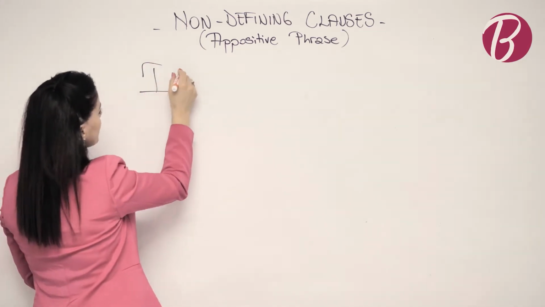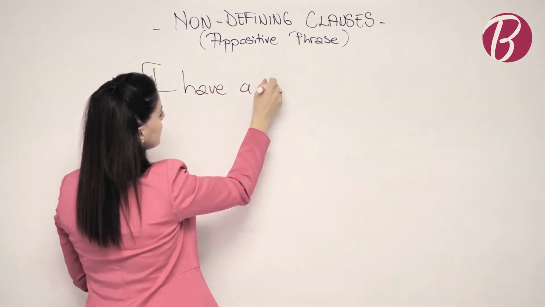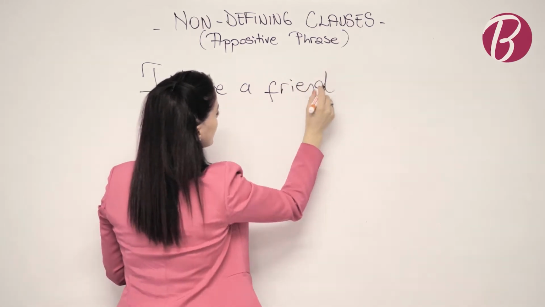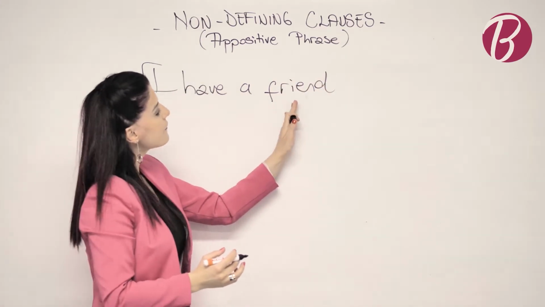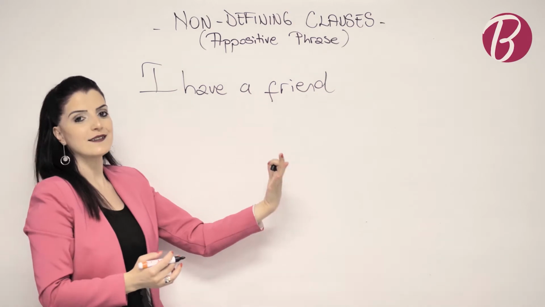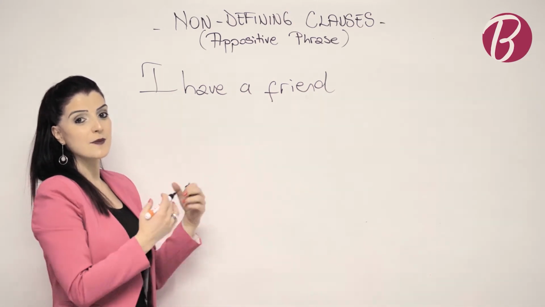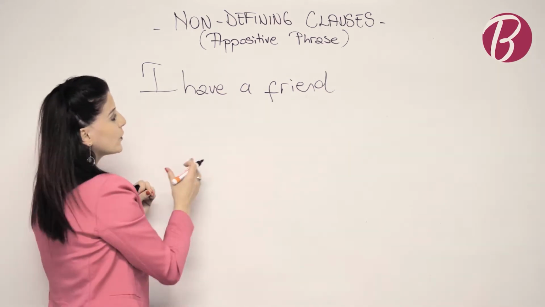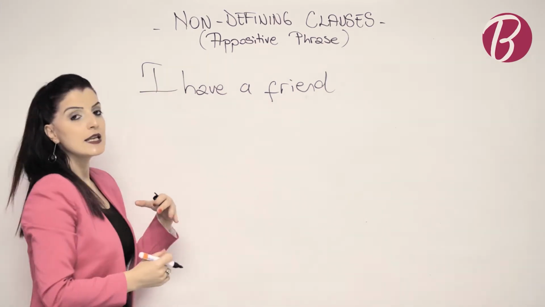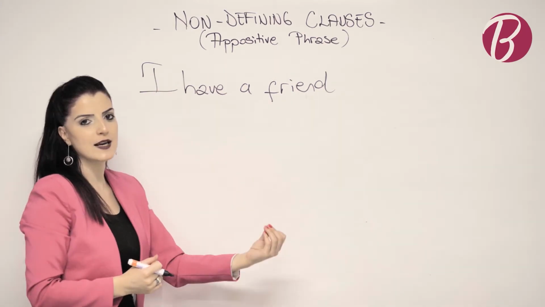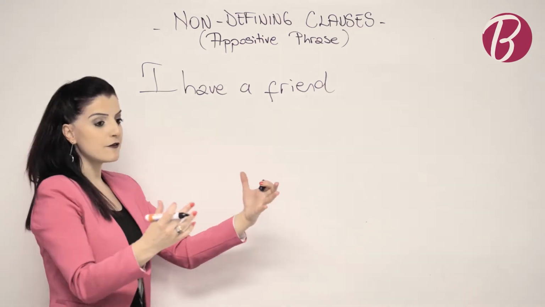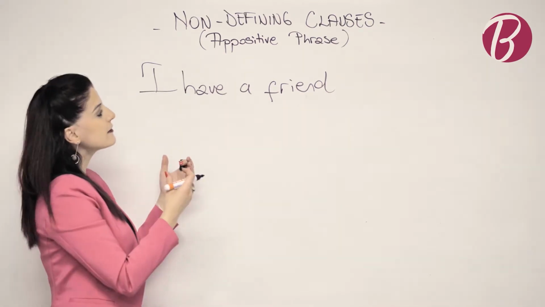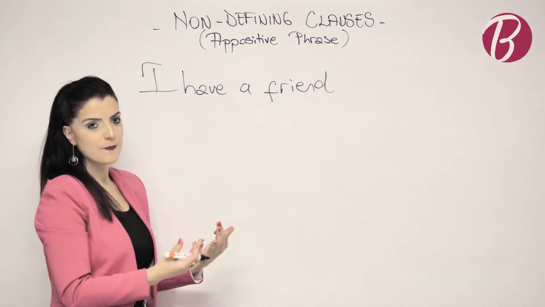For example, I have a friend. So when I say I have a friend, you don't understand which friend I'm talking about. So this person needs to be defined, needs to be differentiated, and needs to be described.